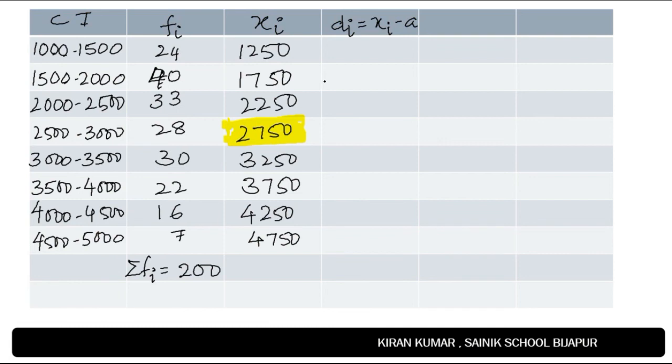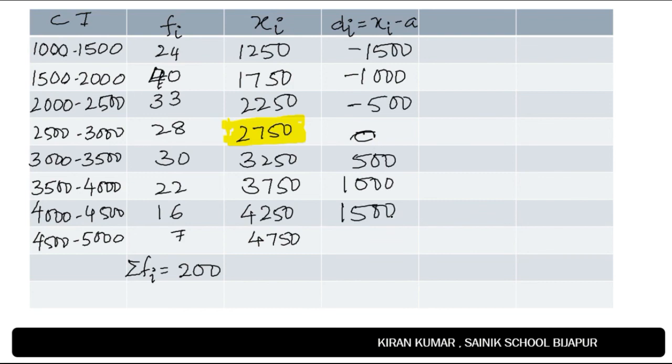Now, when I subtract 2750 from each of these mid values, I get minus 1500, minus 1000, minus 500, 0, positive 500, positive 1000, positive 1500, positive 2000.